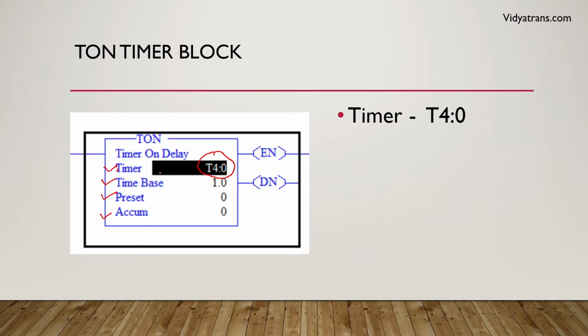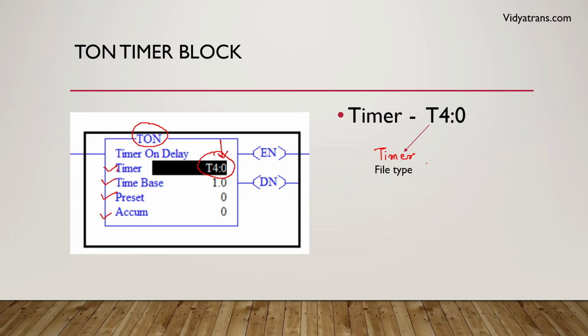The name of this timer is T-on timer, and the address is the location of this timer. Every timer is unique, so we have to call these timers by their unique name. This is the address T4:0. T represents the timer, because this is the timer.